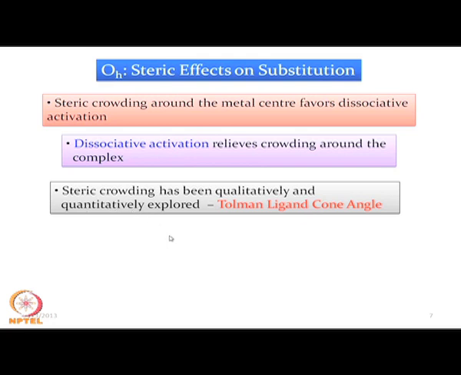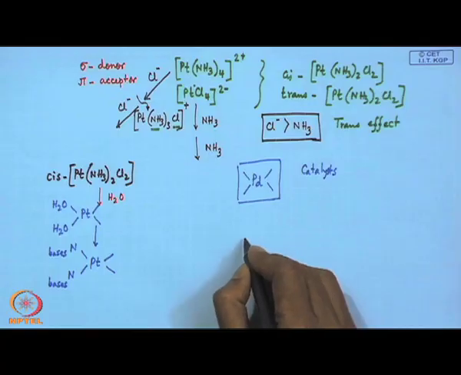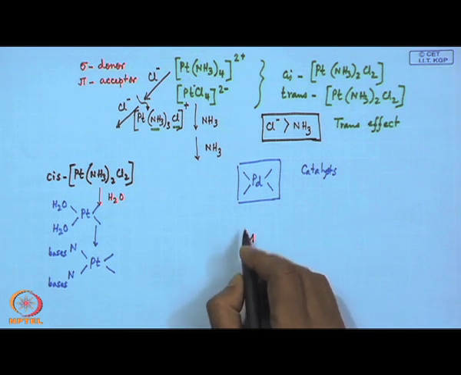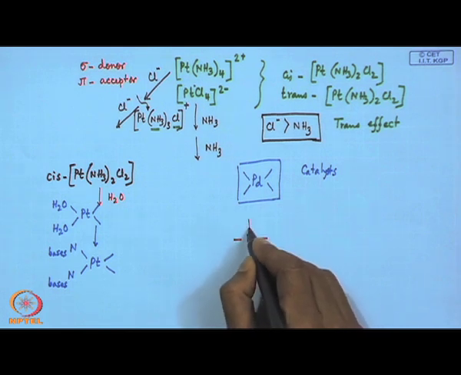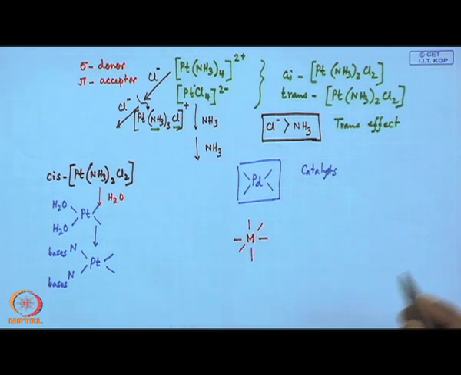We can consider that steric crowding has some role to play for octahedral substitution reactions, and this substitution reaction basically controls the dissociative pathway, which has an important role for the different types of catalysts. What we have seen is that our catalyst can be this, or our catalyst can be based on octahedral geometry.